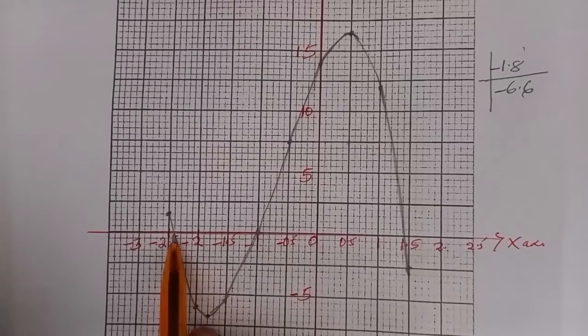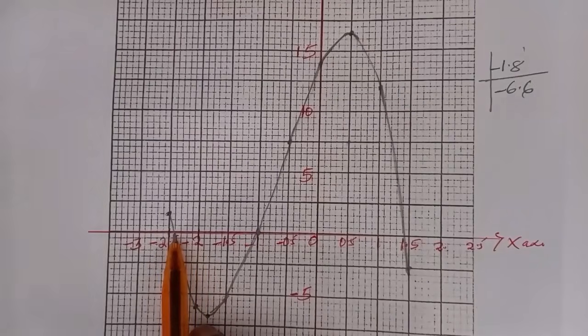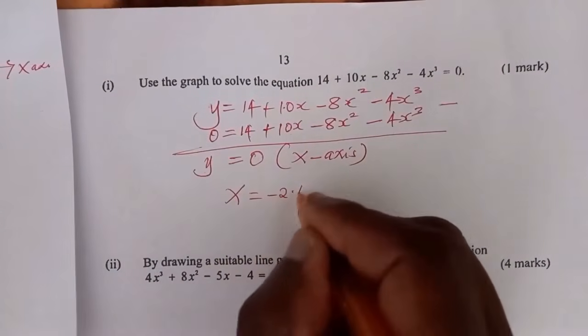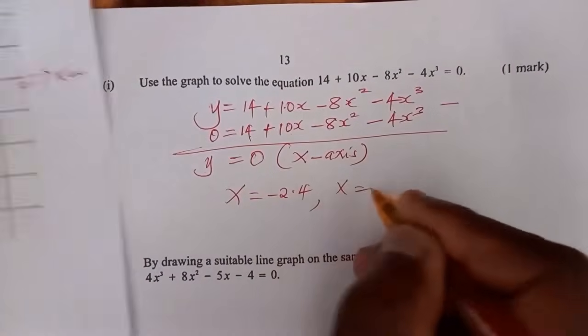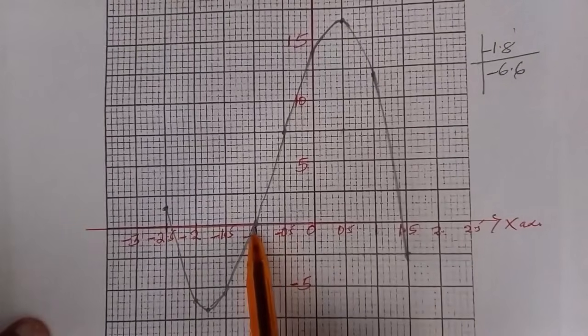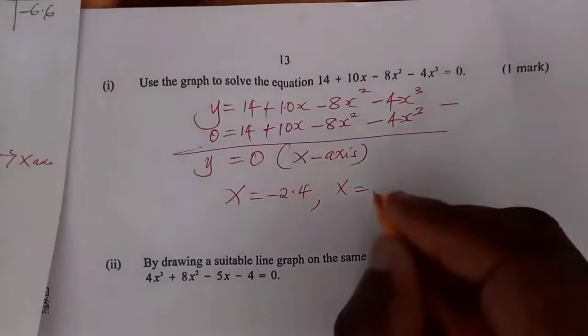The first one is here, and this is negative 2.4. So the first solution is x is negative 2.4. Then the other one is here. This is negative 1, so x is equal to negative 1.